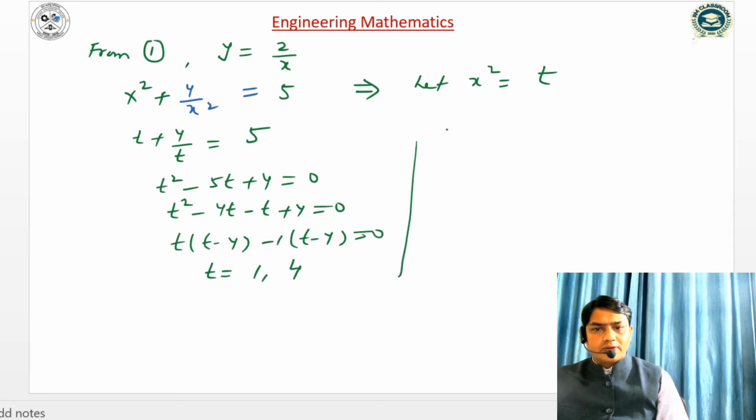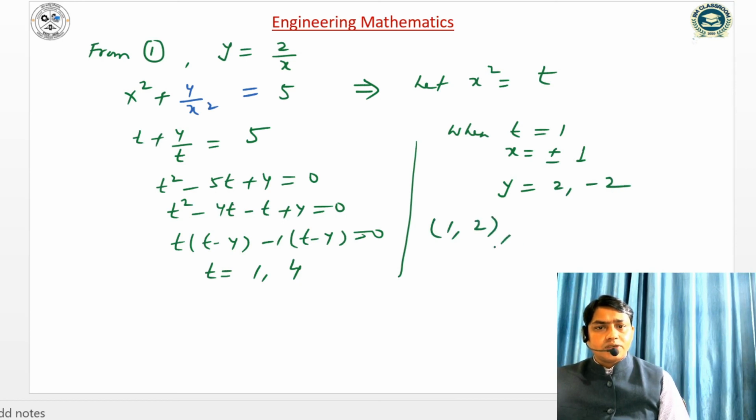When t is equal to 1, x is equal to plus minus 1. So the value of y can be written as 2 by 1, so 2 and minus 2. So the stationary point is when x is 1, y is 2. When x is 1, y is minus 2. So 2 stationary points we will get here.